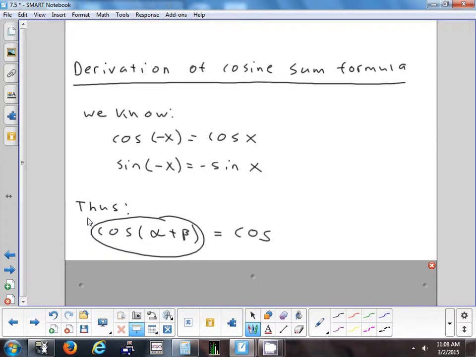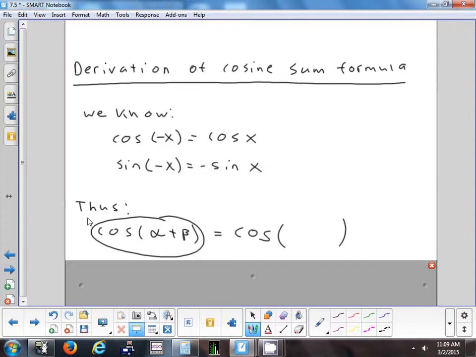Okay, so keep those two identities in mind. To figure out the cosine sum formula, I want to use the cosine difference formula. So my question is, how can you rewrite alpha plus beta as subtraction? What do you think? How can you do that? It's like if I said to you, I want you to take 3 plus 2 and write it with subtraction instead.